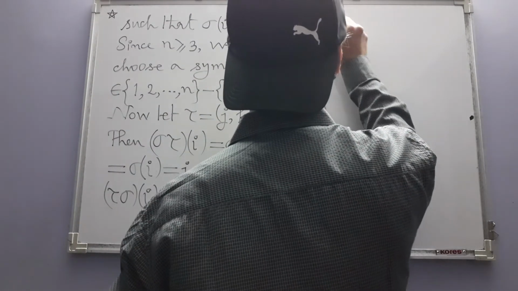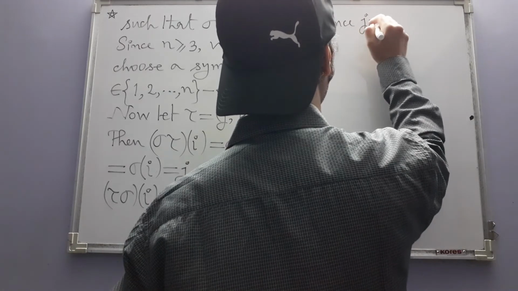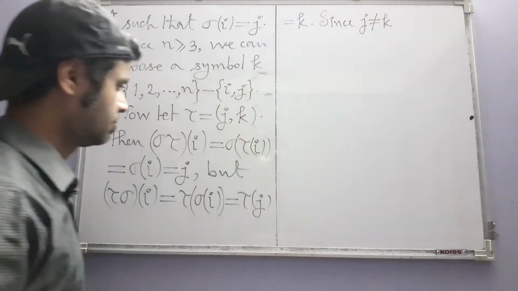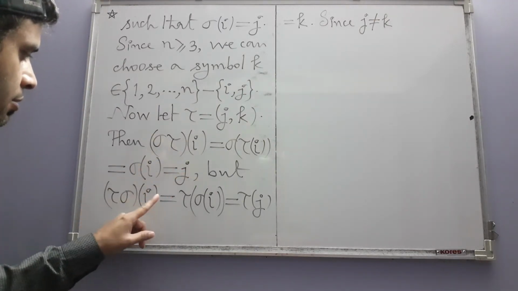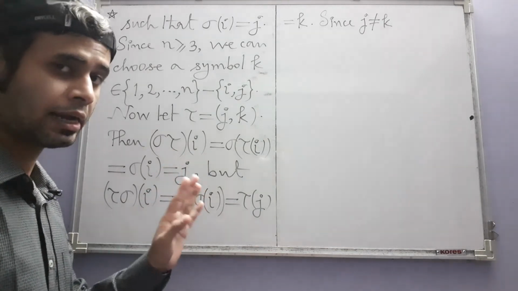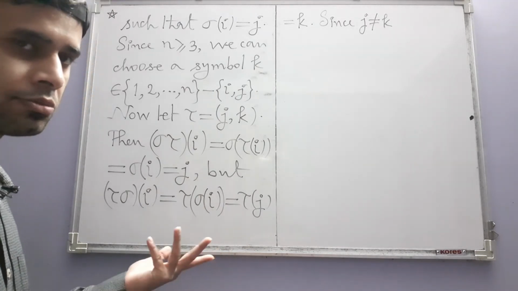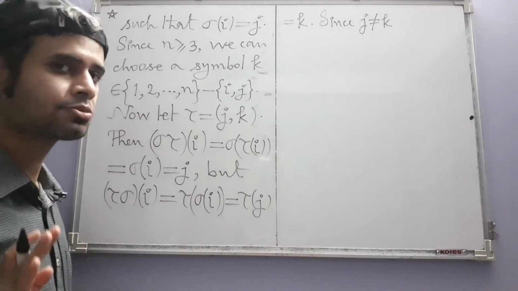Since j is not equal to k, that means this function sigma tau and this one tau sigma differ at i, at the input i at least. It may differ at other inputs also, but whatever the case is, we have shown that they cannot be equal as functions.